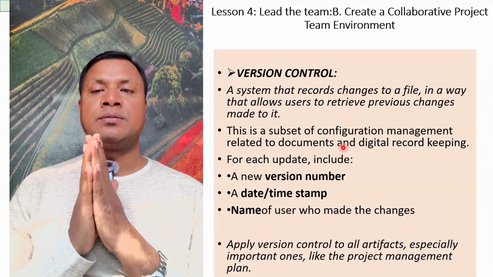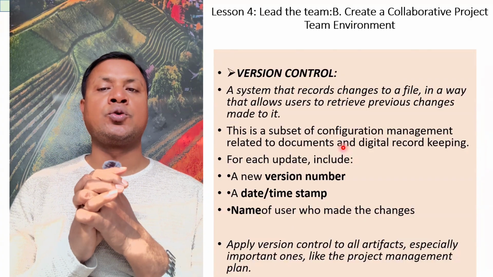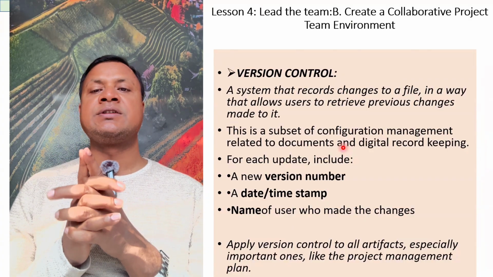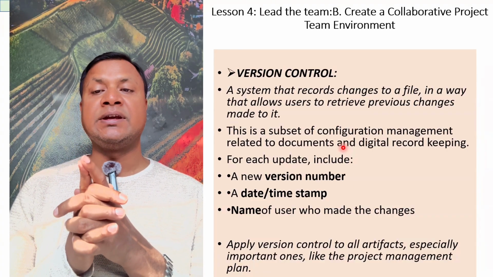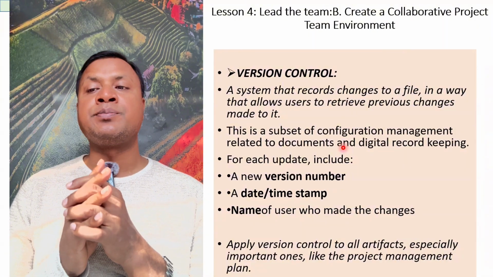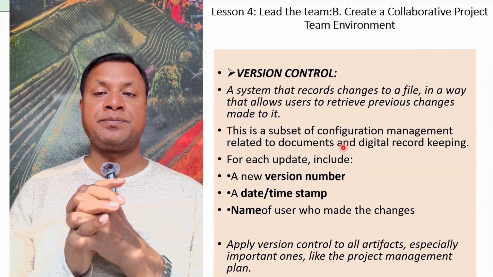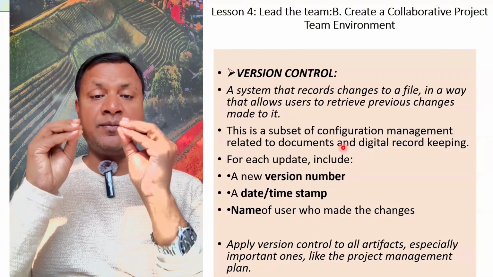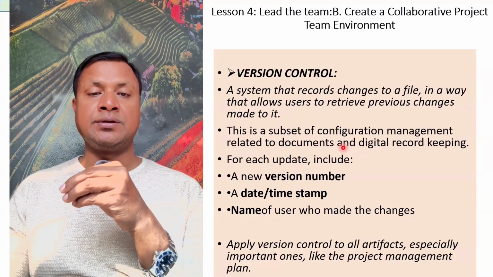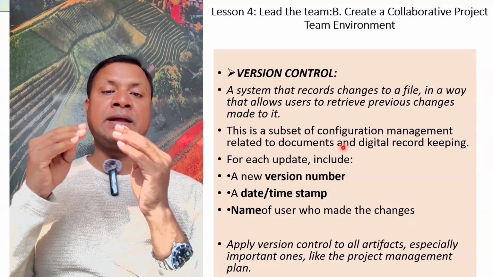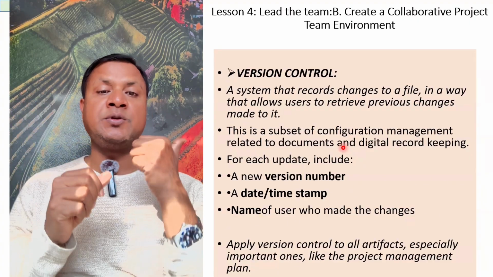And now the new issue is version control. Version control is a system that records changes to a file in a way that allows users to retrieve previous versions made to it. So you have to have version control. You are working on a version and you are changing it and changing it again, but at some point you need the previous version.